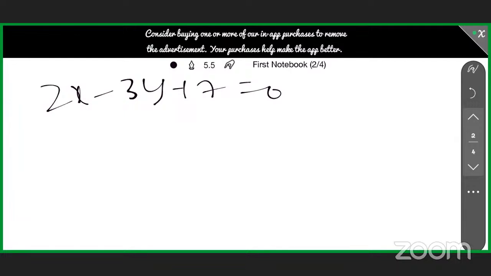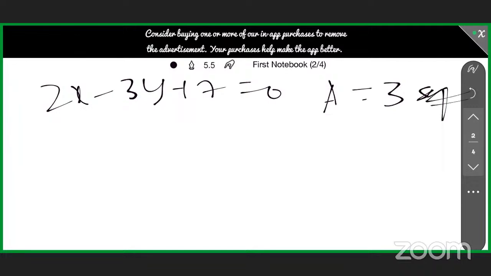Once again, I am repeating the question. A straight line is perpendicular to the line 2x minus 3y plus 7 is equal to 0. This straight line is forming a triangle with the coordinate axes, whose area is equal to 3 square units.